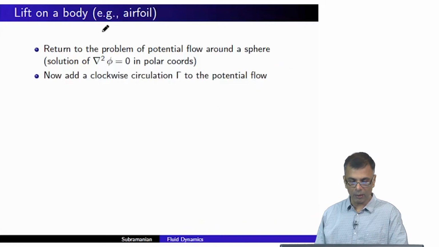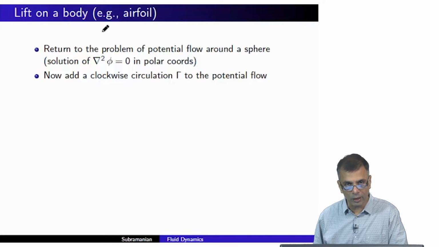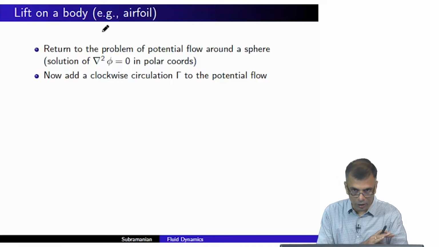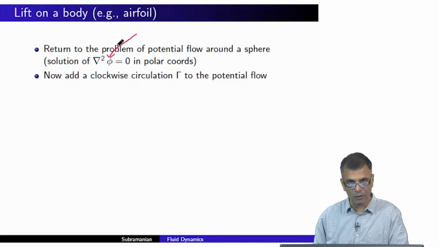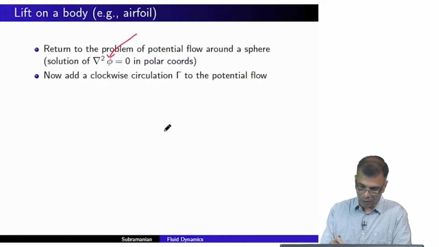And in polar coordinates, you recall that we had written down the general solution to this equation, and applied the appropriate boundary conditions. There were two boundary conditions. What we are doing here is considering a spherical body.